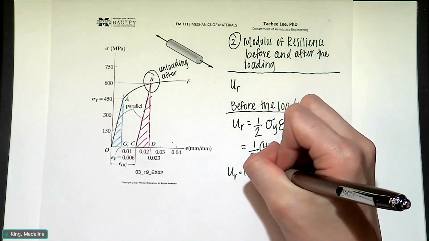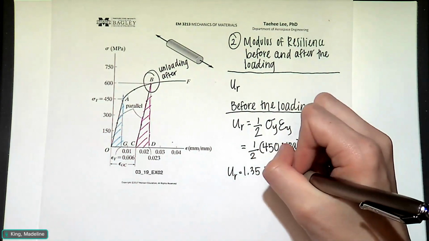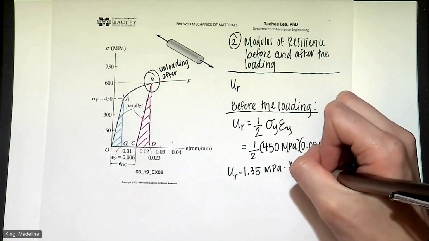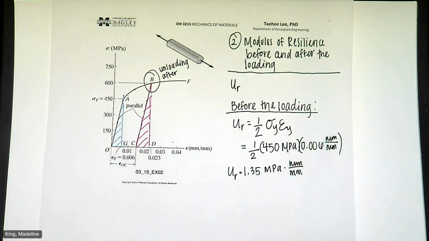So this is 1.35 megapascals times millimeter over millimeter.